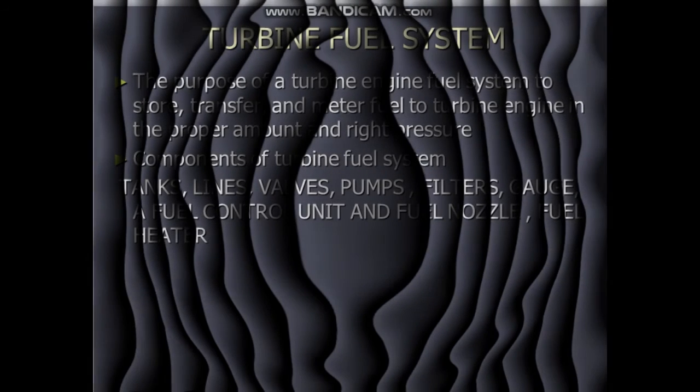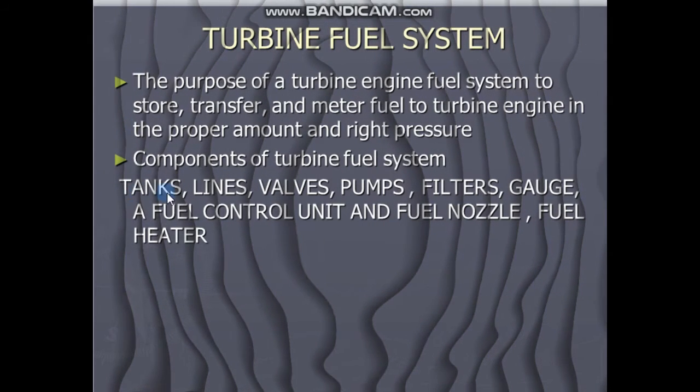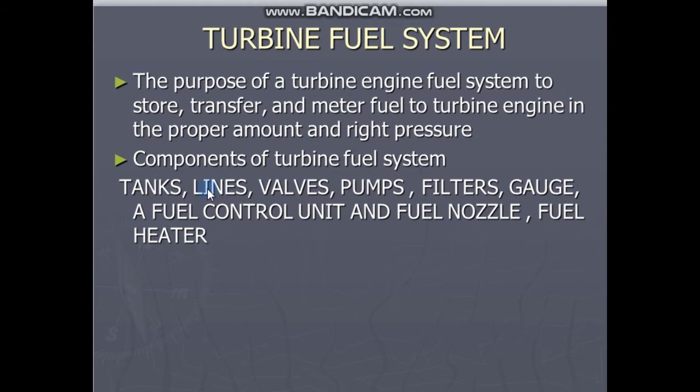In this video, we will not talk about the tanks of the turbine engine, the lines, or most of the pumps. We will talk about one type of pump that is different from the pumps on the reciprocating engine.